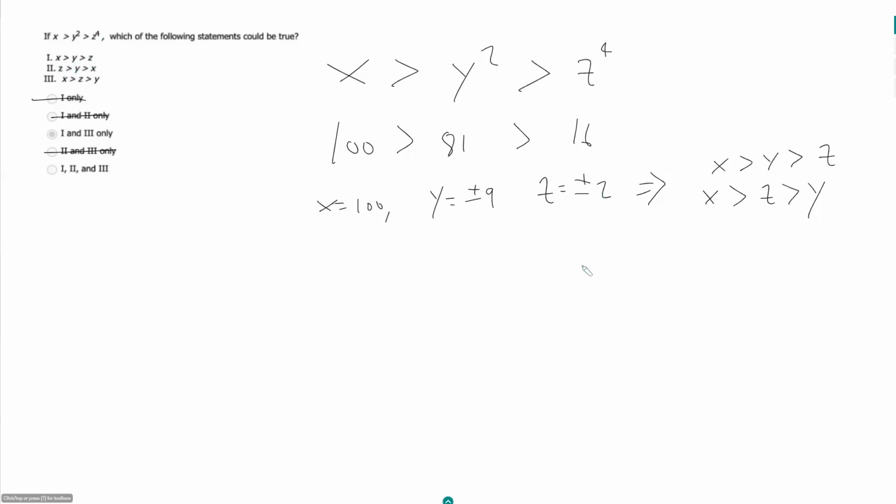So let's say z to the fourth is 1 over 16. Y squared is 1 over, let's say, 9. And then x, let's say, is 1 over 5.